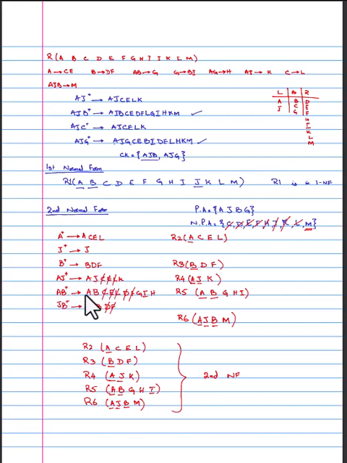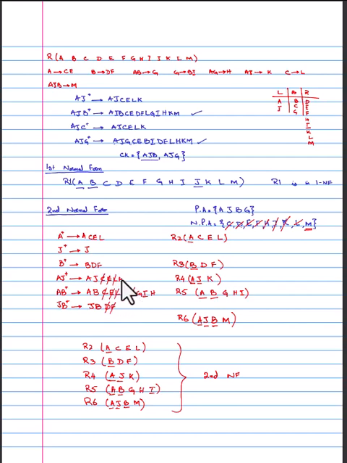Now the closure of AB will become A, B, C, E, L, D, F, G, H, I. How can you solve? AB will become AB, and then B will become DF, so it will become AB, DF here. A will become CEL, so AB, CEL, DF, and G, H, I. AB identifies G, then AG identifies H. Now we will cross CEL, as it is covered in the above closure.